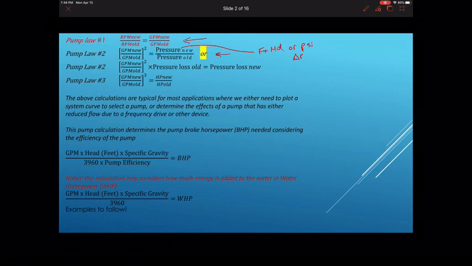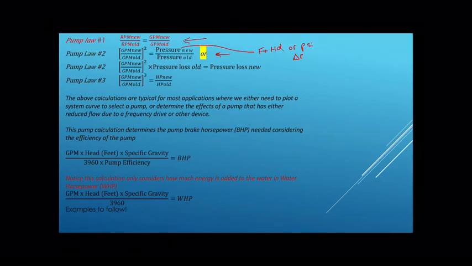So that's a fact. When we look at the second pump law, it's just rewritten around a little bit to solve it, very much like I was just calculating in a previous YouTube video.